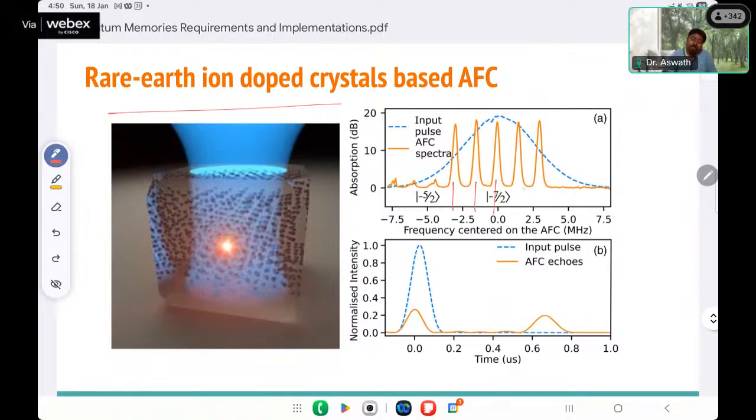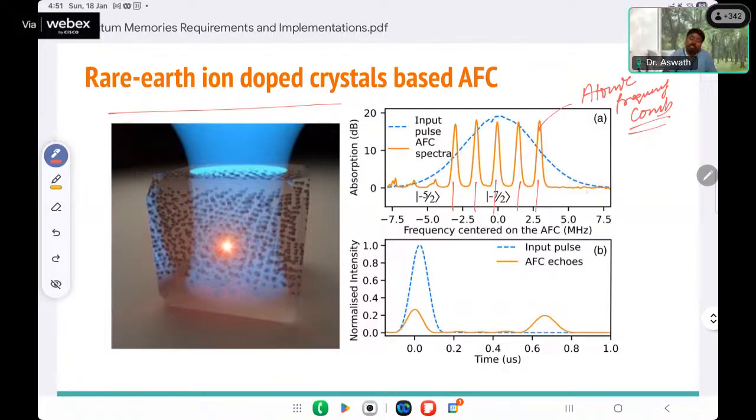Now I'll send in a pulse with the area of the pulse exactly matching these frequency peaks. These peaks are called an atomic frequency comb, which appears like a comb. The incident pulse area is exactly matched with the frequency peaks.